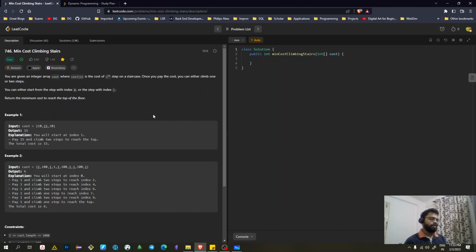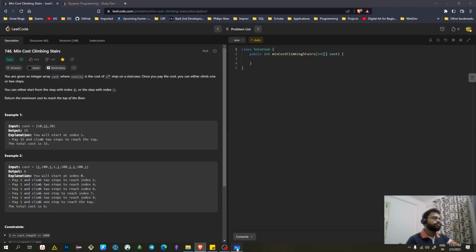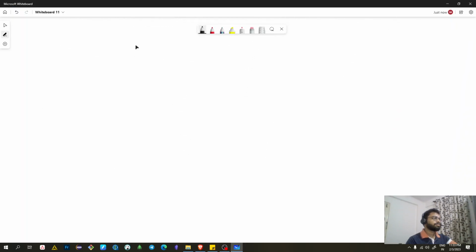That makes sense, right? Let me try to visualize it for you. So this is the staircase that you are trying to reach. This is 1, this is 2, this is 3, 4, and this is the base. I think this is the top.